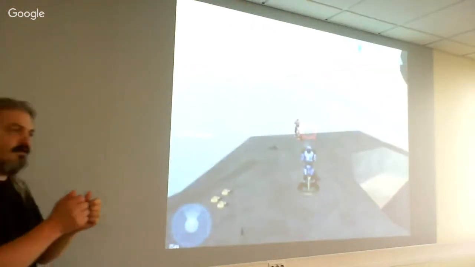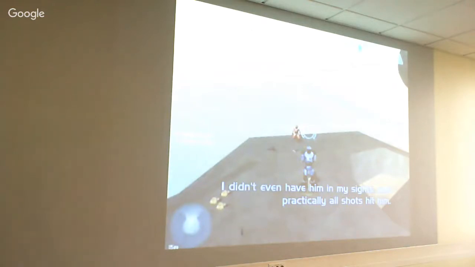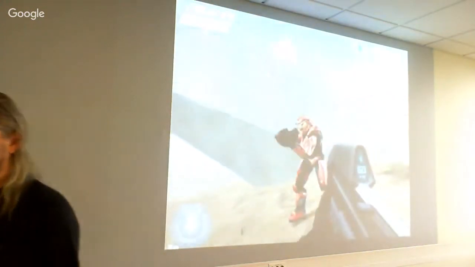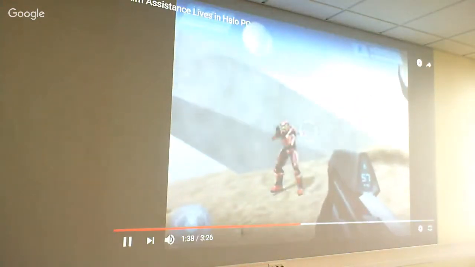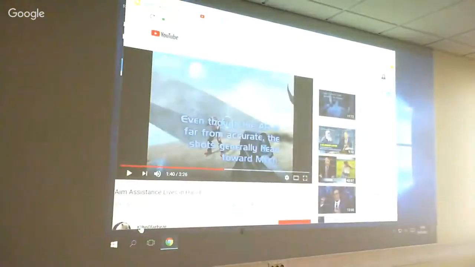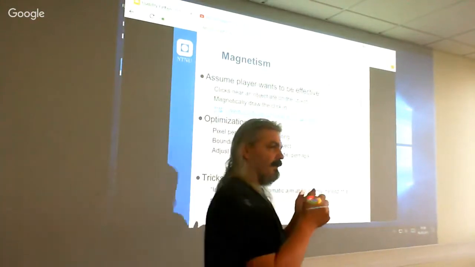One of the choices they had on console was how much aim assist to do. One of the problems with two joysticks is there's a couple of aiming modes.